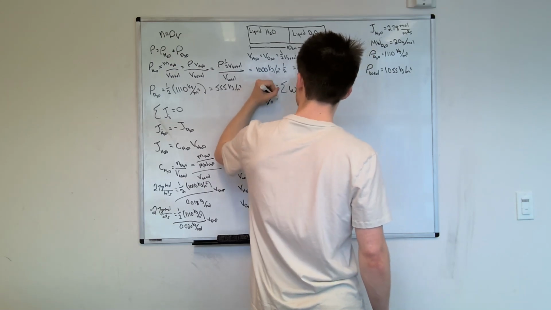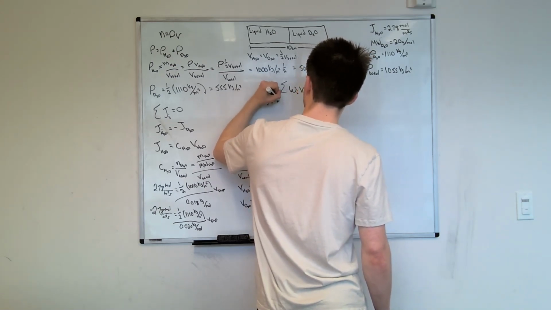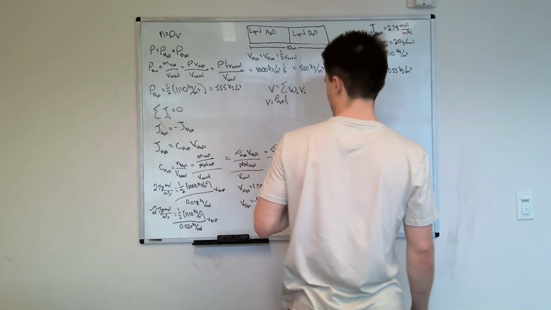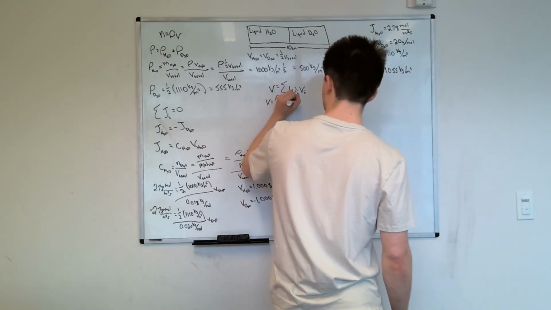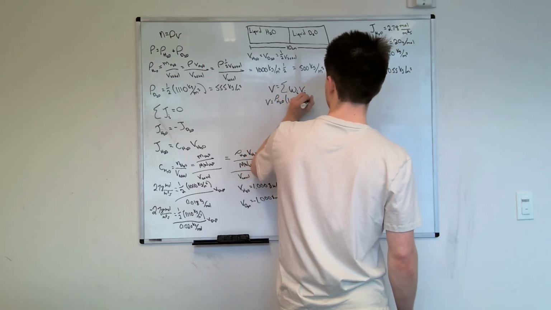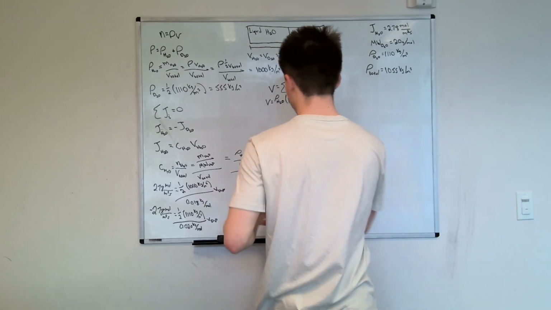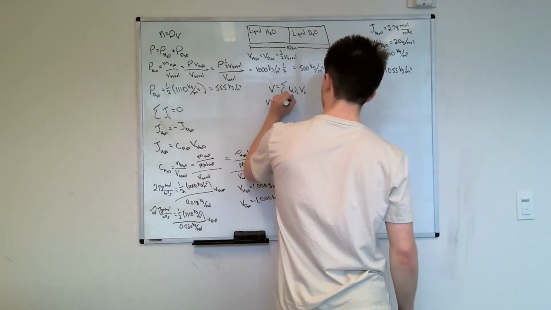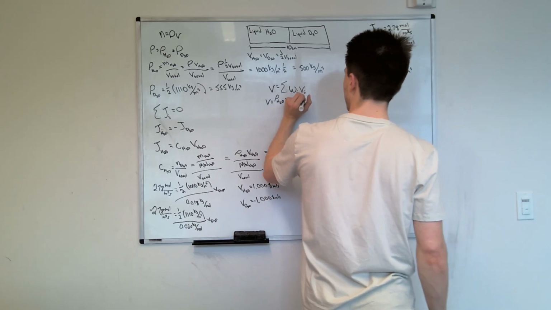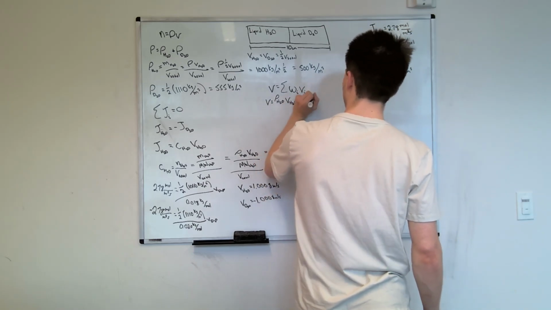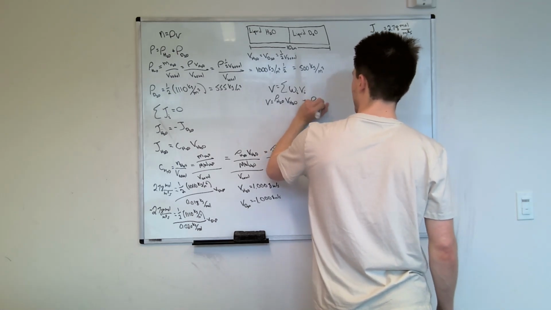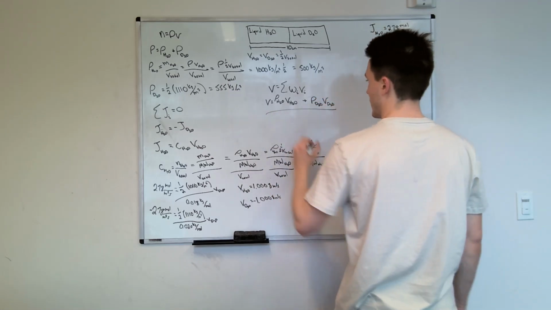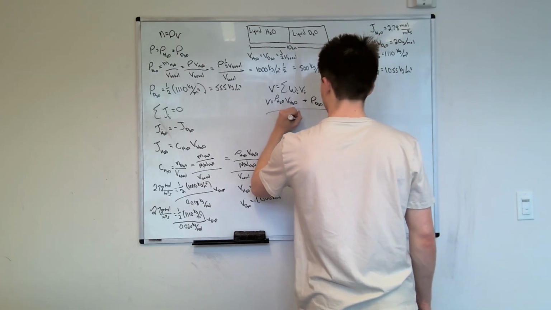That gives us the mass concentration of H2O times 1.0008 meters per second, the mass average velocity of H2O, plus the mass concentration of D2O multiplied by the mass average velocity of D2O, all over the total volume.